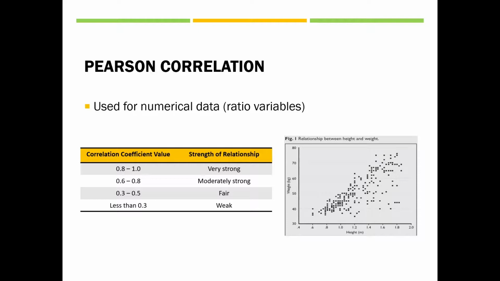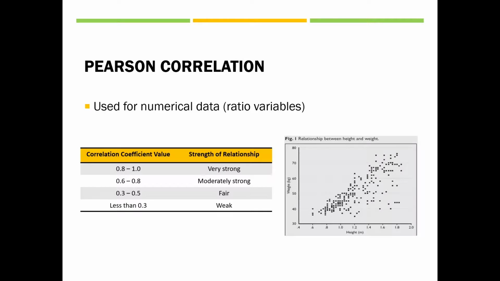So if that number is close to 1 or close to -1, that indicates a strong correlation. So basically between about 0.8 to 1 is a very strong correlation. If you have a number that is closer to 0, then that's a very weak correlation. So 0 means no correlation.